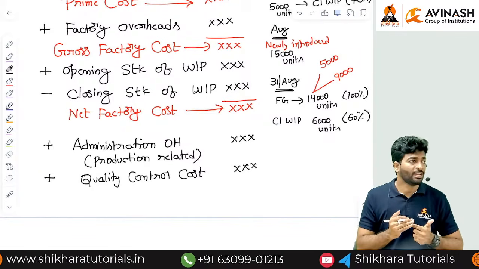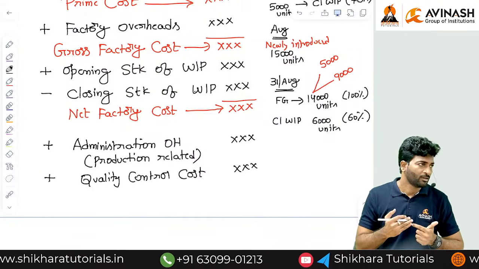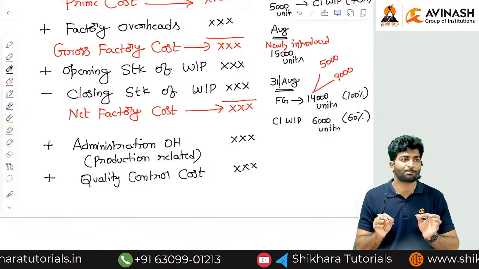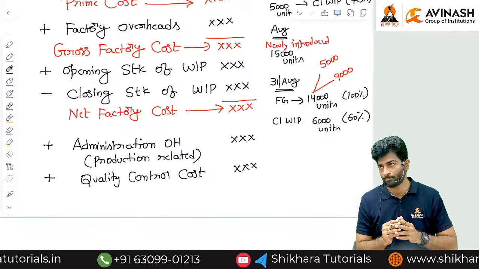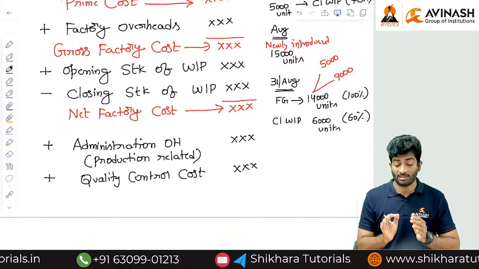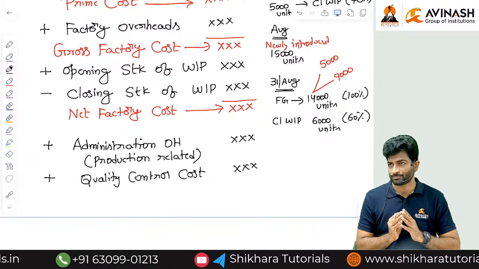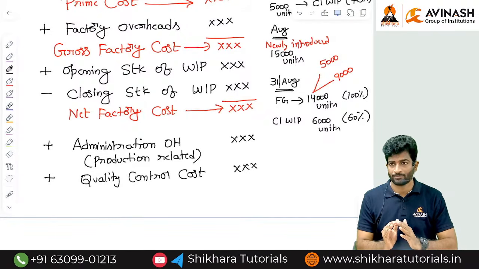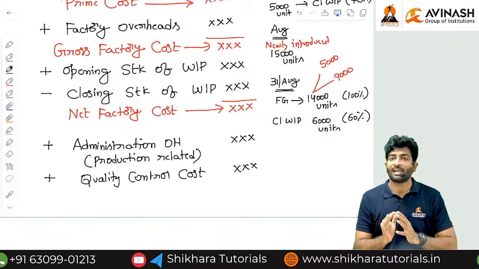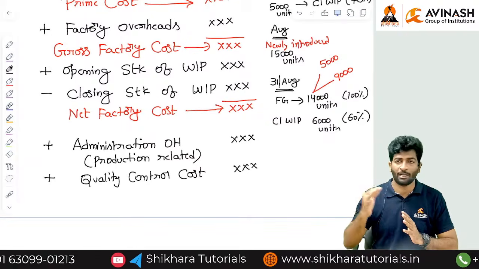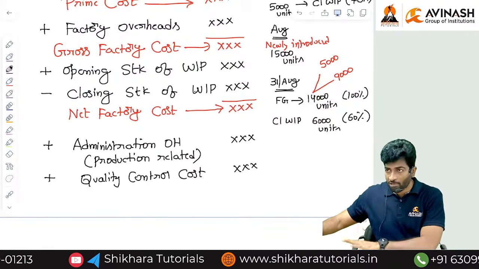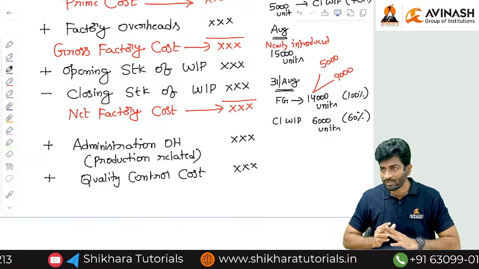If you are incurring any packing cost, that packing again can be classified into two categories: primary packing, secondary packing. Primary packing means after completion of production, in order to store the finished goods without any damages before the actual sales are made, we are going to have some packing to store in our warehouse itself before the actual sale.